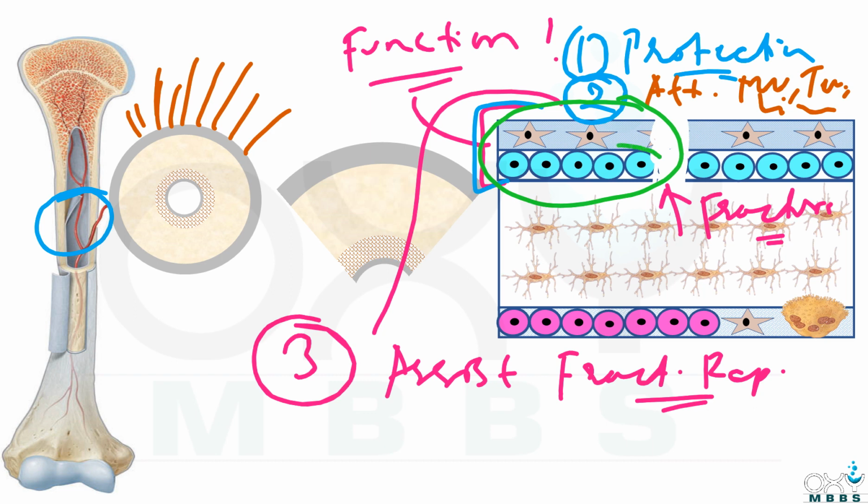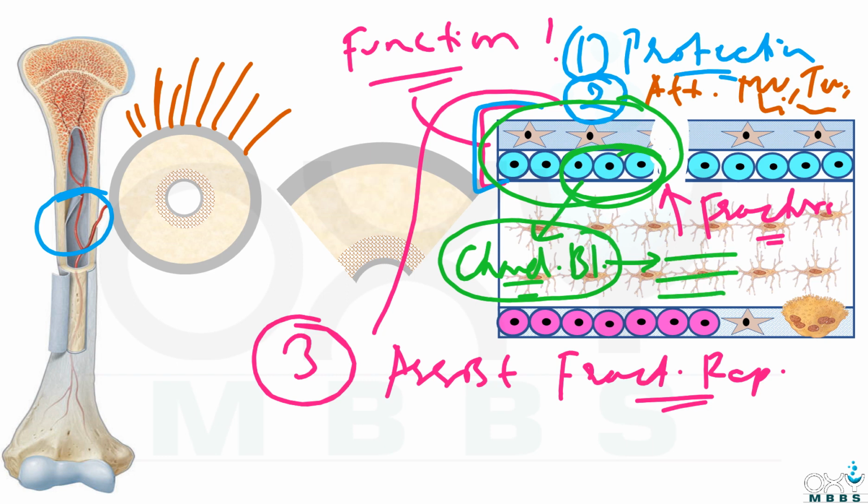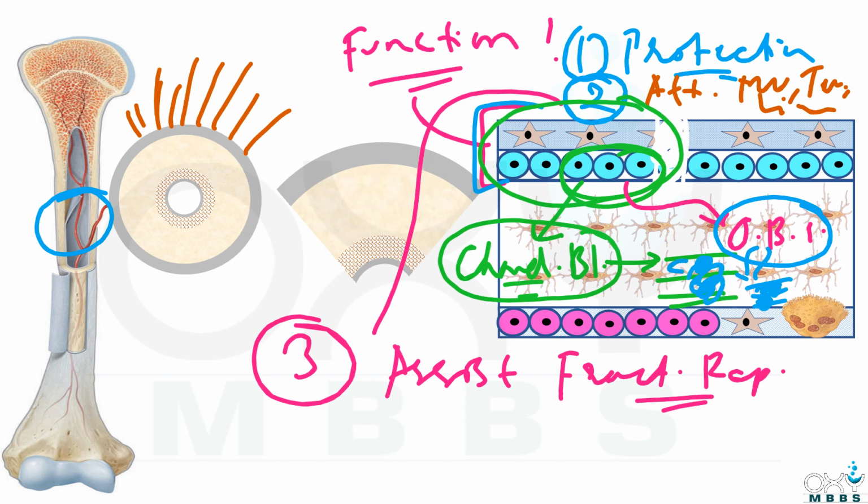These osteoprogenitor cells first convert into chondroblasts, and these chondroblast cells secrete what? Cartilage. And then these osteoprogenitor cells divide and produce osteoblast cells, and these osteoblast cells secrete collagen fibers and cause deposition of hydroxyapatite within the collagen fibers as well as in the cartilage. In this way, friends, a new bone is formed in the fractured part of the bone.